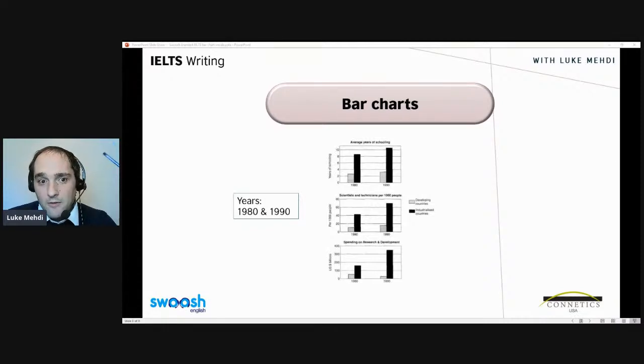So be really, really careful. And that could affect your task achievement. It's inaccurate reporting. So be careful with these bar charts. They may look simple, but they can be quite difficult. Very often you are using language of comparison rather than language of speed.